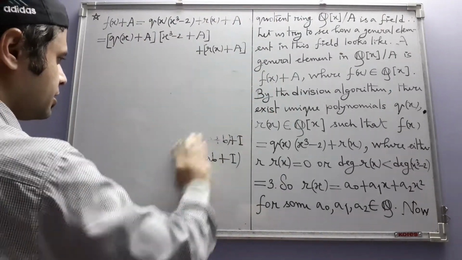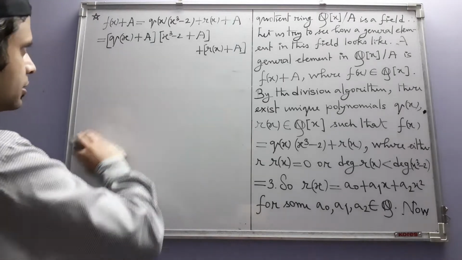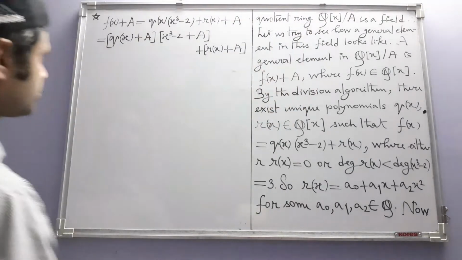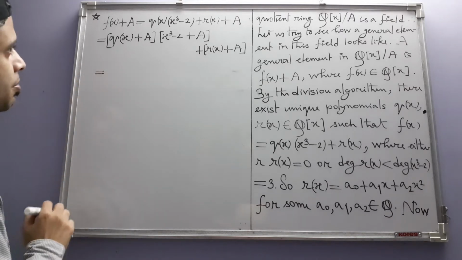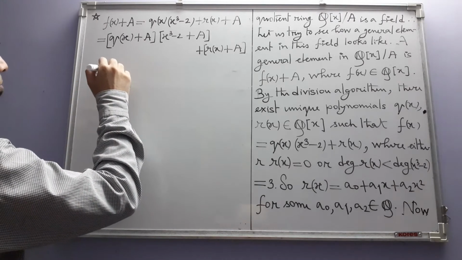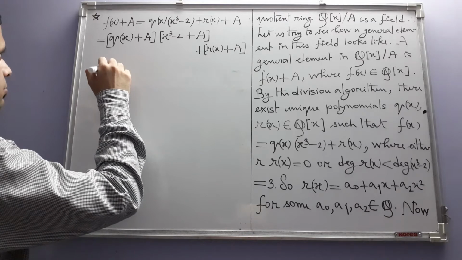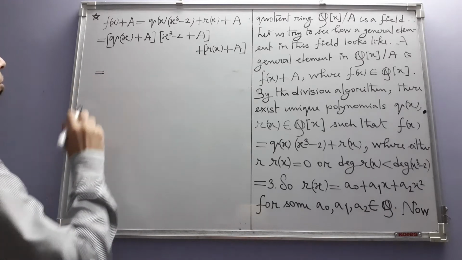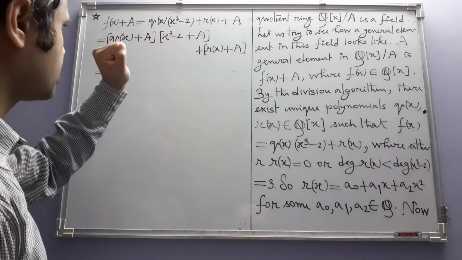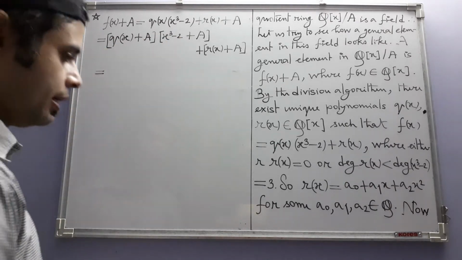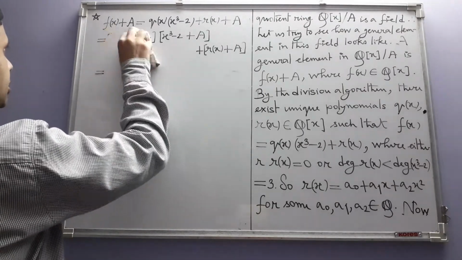Okay, now after this step, a simplification occurs. And the simplification is just this. Instead of writing it like this, there is no need to write it as a product of two elements.